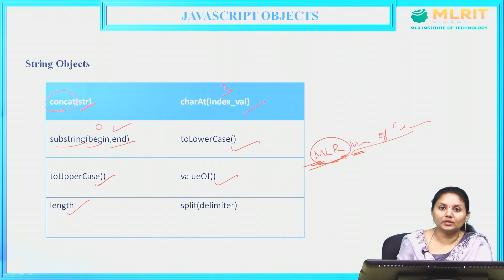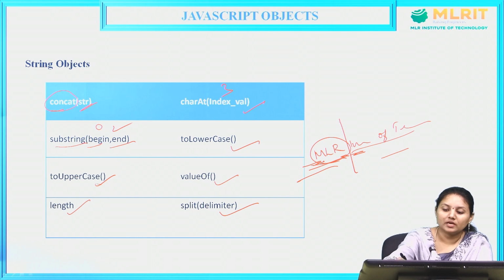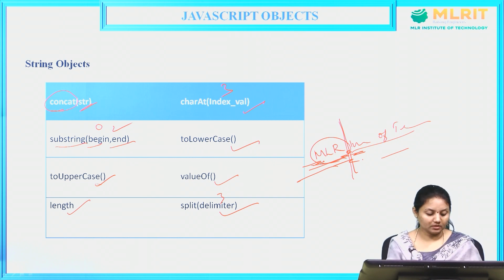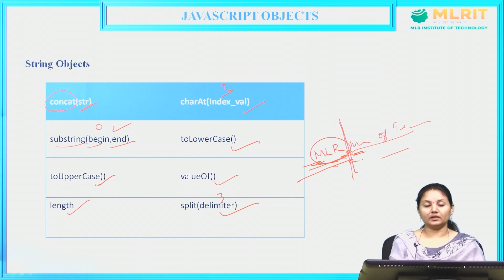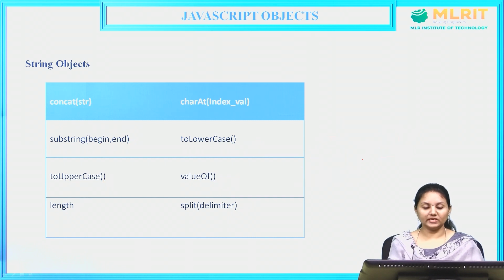Value of will give the primitive value, and split is where you want to split. Suppose I want to split MLR separately and Institute of Technology separately, so I'll pass the position like 3 and it will split it there. Concat is used for joining and split is used to divide.